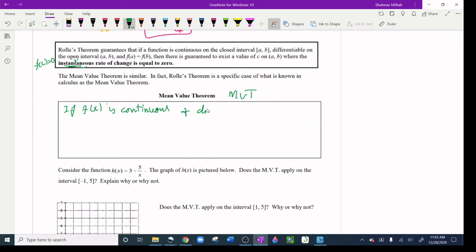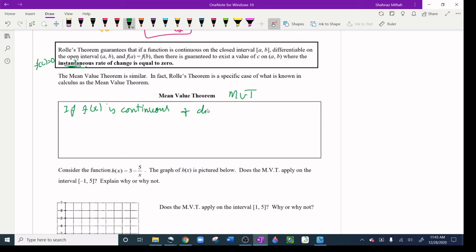So again, you have to remember the conditions. The first condition is that it has to be continuous and differentiable, and if that's the case, then we apply this formula to get the c. In this formula, tangent slope, instantaneous rate of change, derivative equals secant slope.